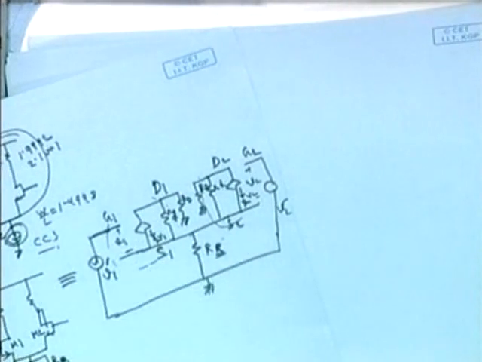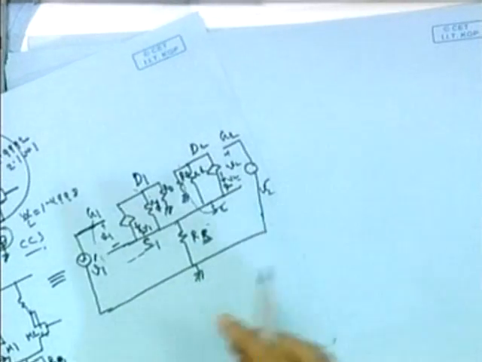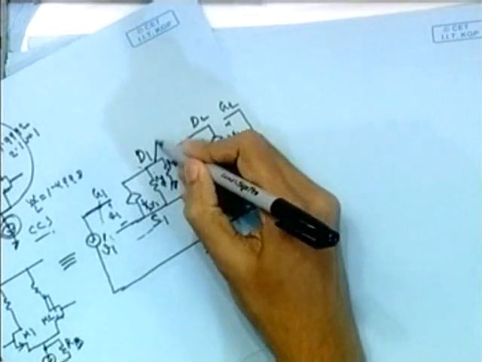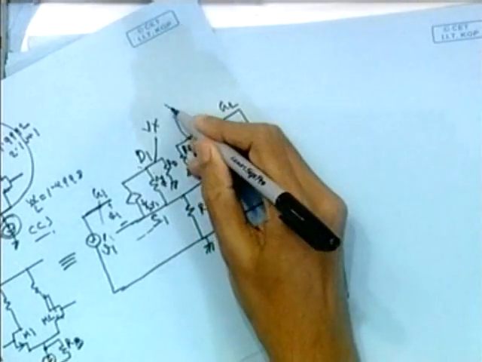So if you do some analysis of this circuit, you will be getting this Vx, and this is our Vx, this is Vy.